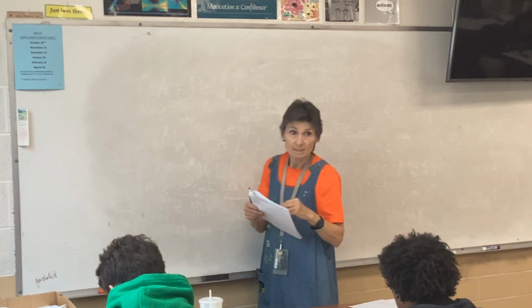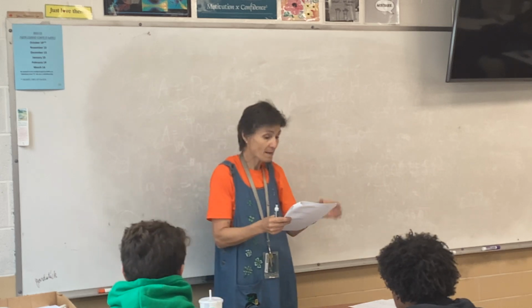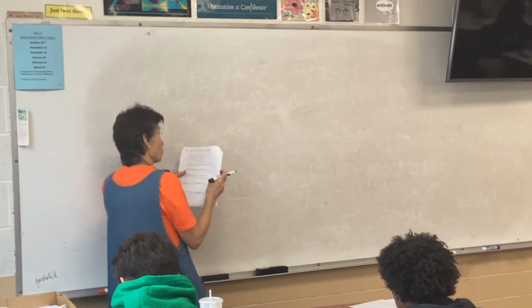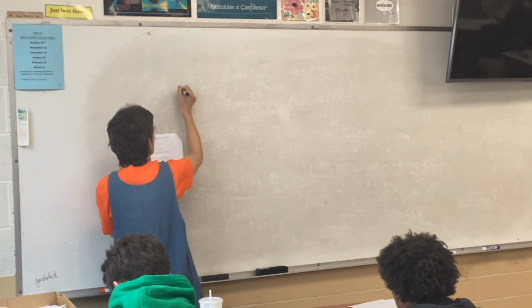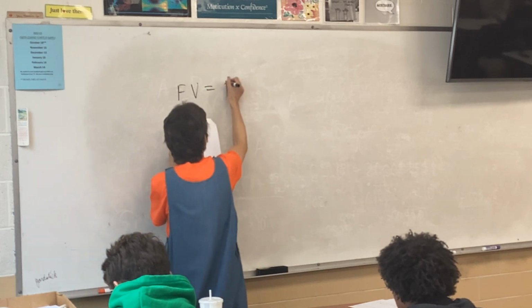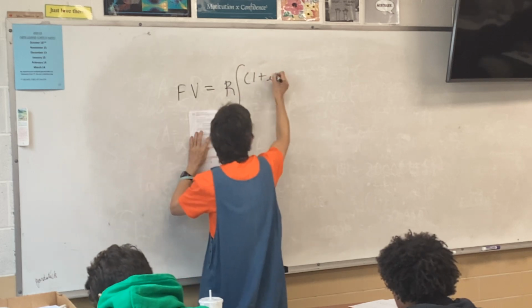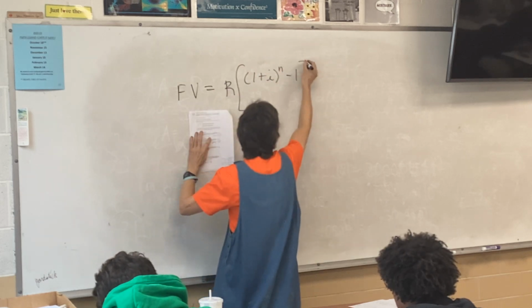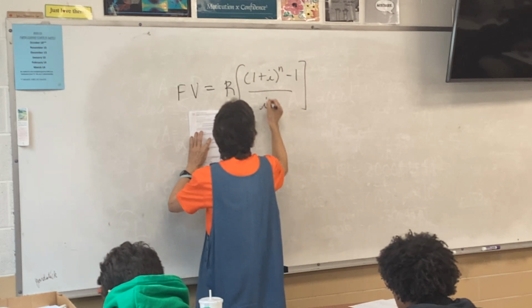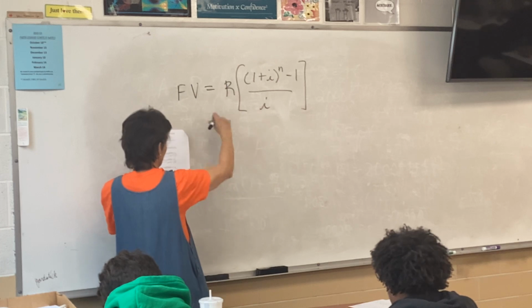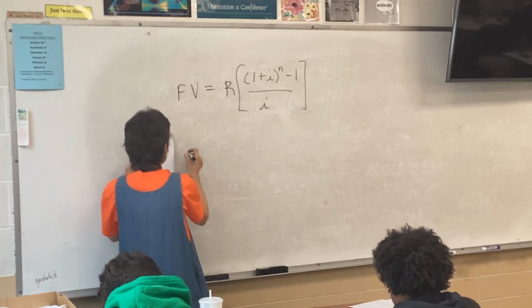These formulas, the ones that involve payments, are your future value and present value formulas. So the future value formula, and we gotta talk about the difference between these. This is the future value formula. You do not need to memorize it, but we gotta talk about what all these things mean.